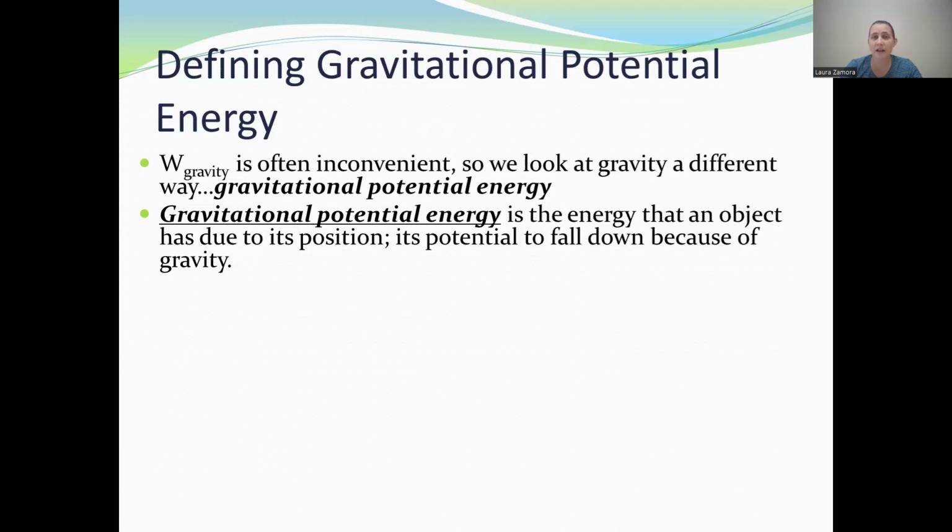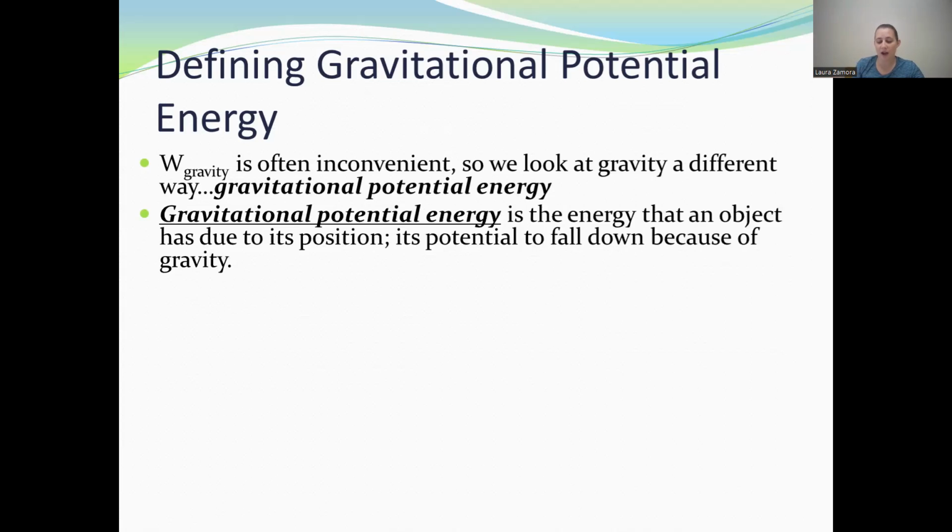So it's relative to a reference point. When we're thinking about position, it's always relative to some reference point, whether that's the starting line in a race, or the floor or the surface of the earth, or the top of the building. We always need to have a reference point in mind when we're doing gravitational potential energy.